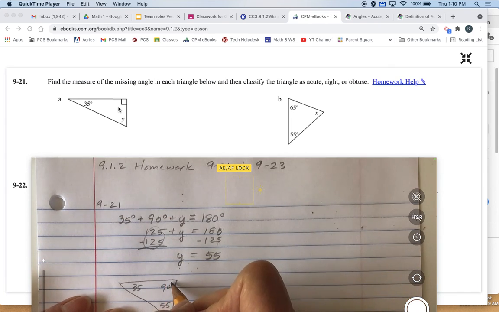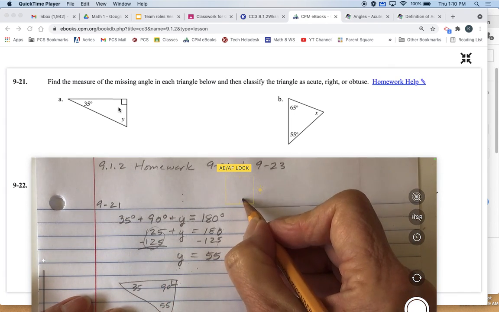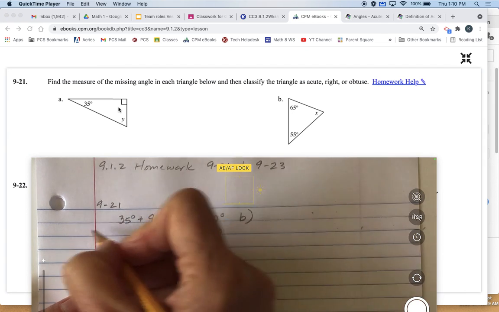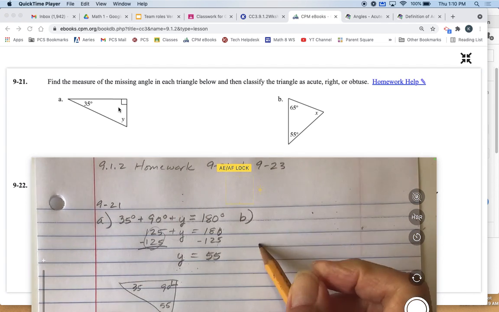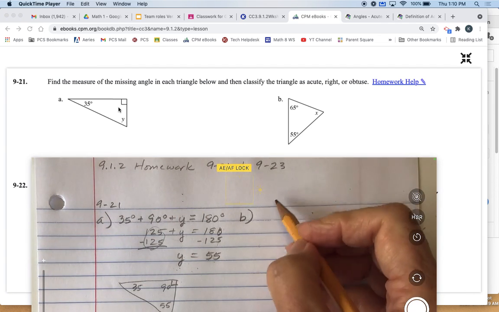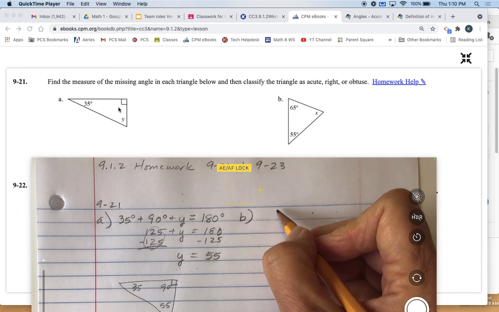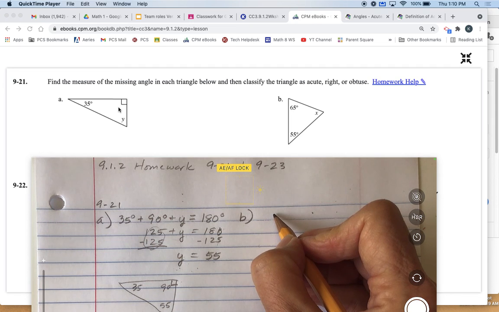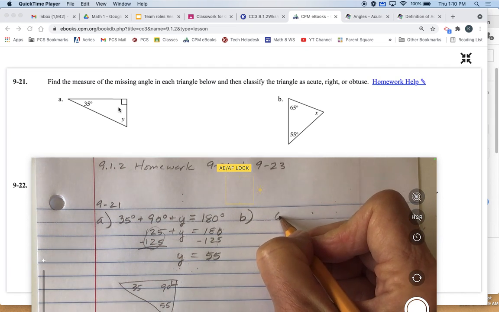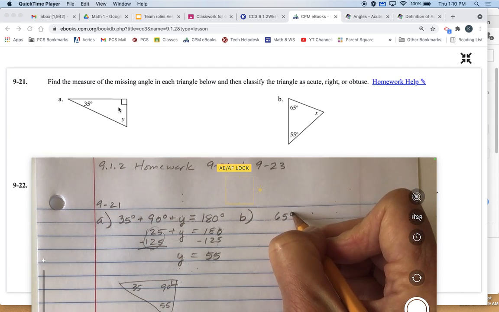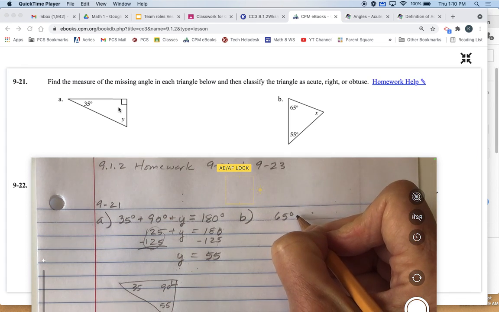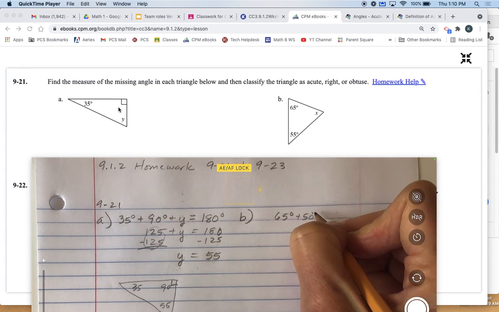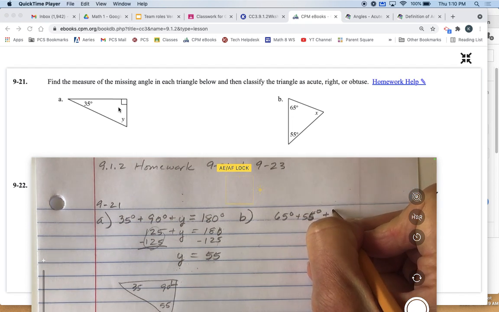Okay, so this triangle, B, we can use the same triangle sum theorem. And so we're going to add together 65 degrees and 55 degrees, 55 degrees plus x.